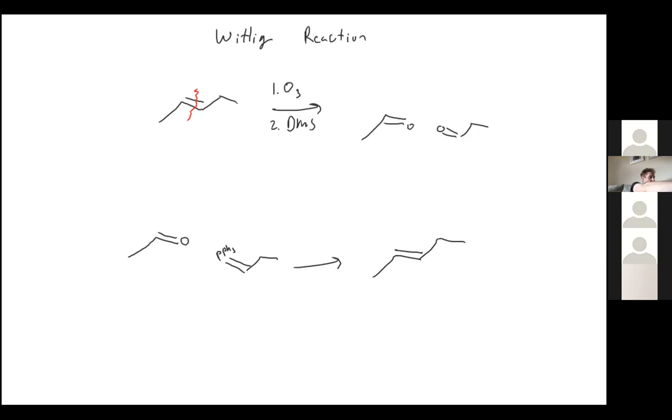The way that these work is we're going to start with some sort of haloalkane, and we are going to add in triphenylphosphine. This is going to act like a nucleophile. It's going to do an SN2.